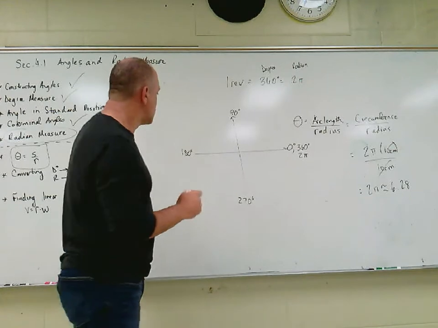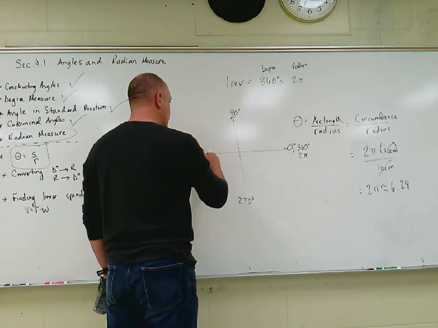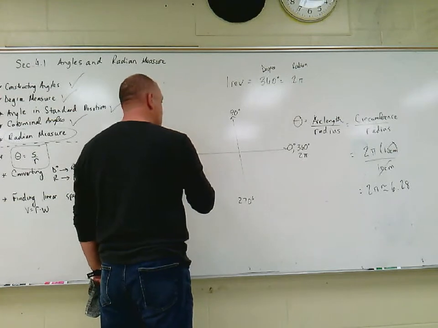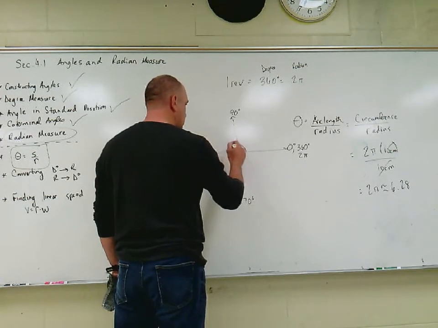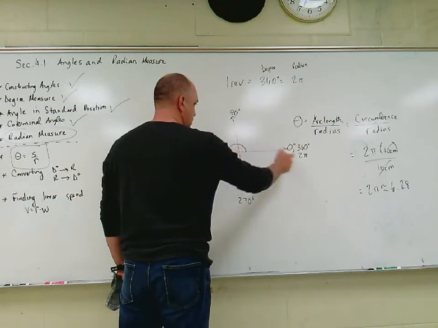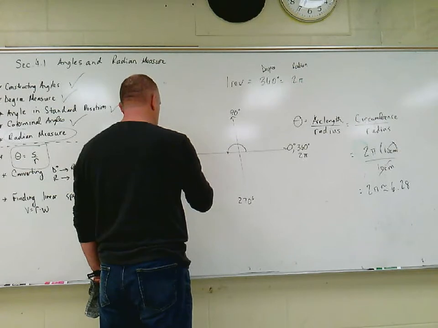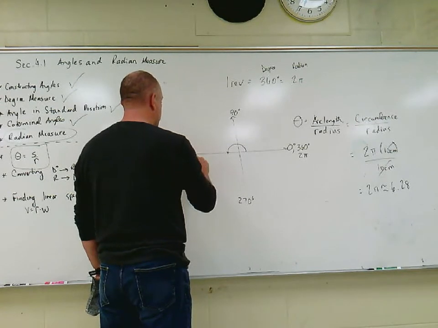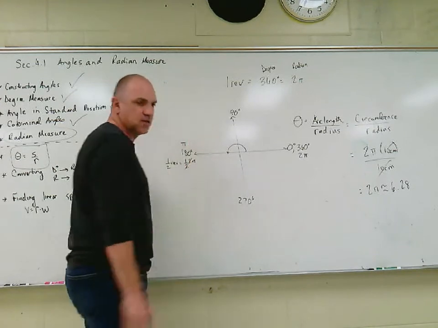All right. So if we go half of a revolution here is 180. Well, half of 2 pi, so if I'm just looking at this angle, so one time all the way around is 2 pi. Half of a revolution is half of 2 pi, which is just pi. So 180 and pi are the same.